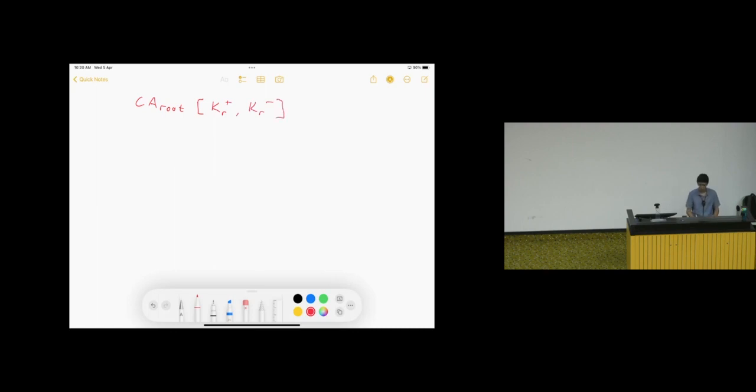Plus for the public key, minus for the private key. And the browser codes in themselves have KR plus.